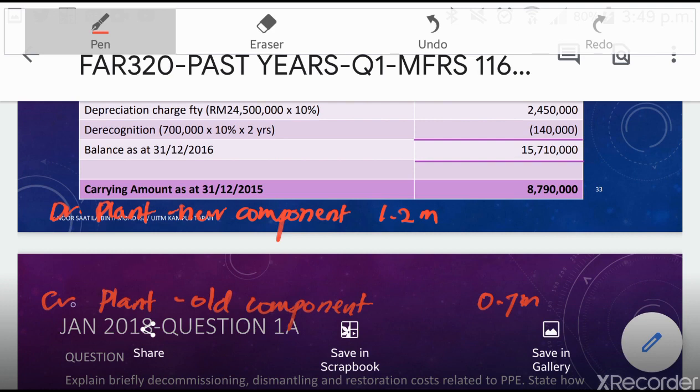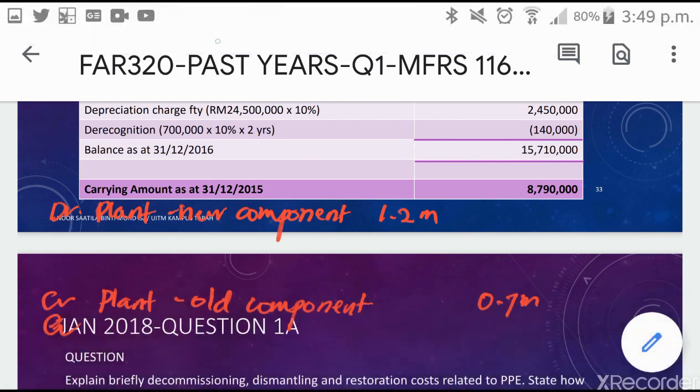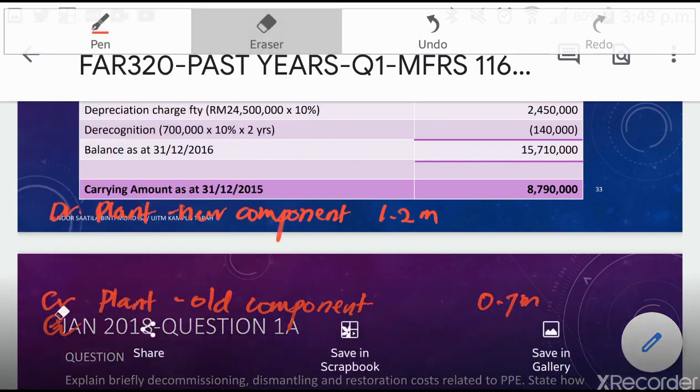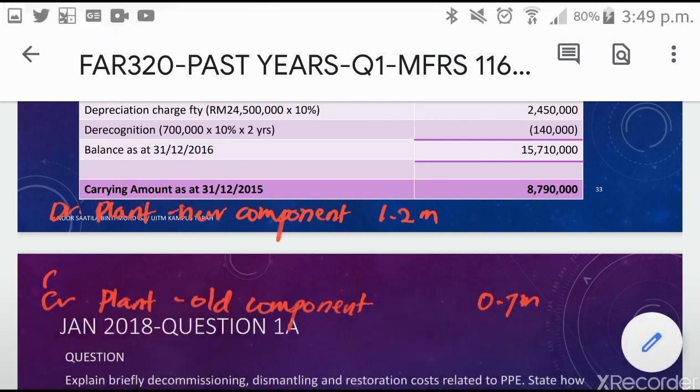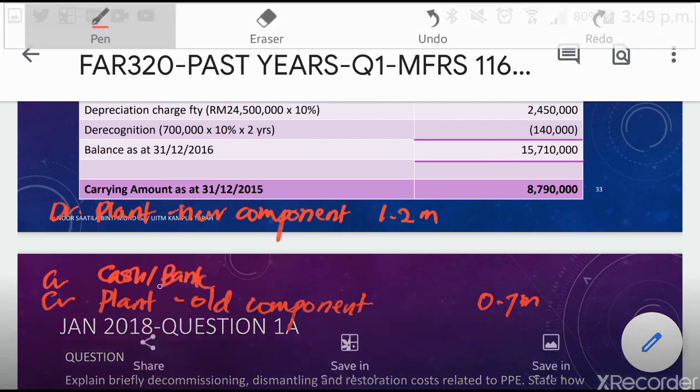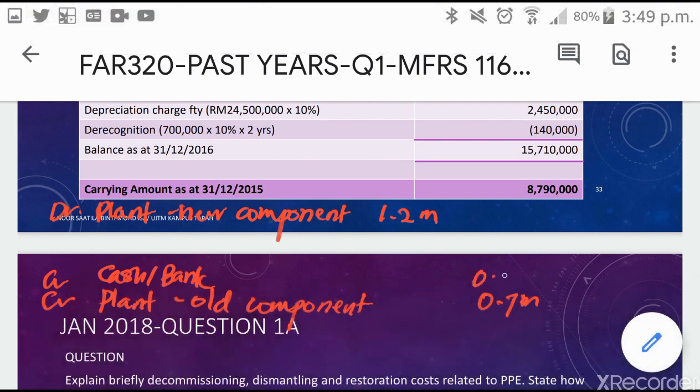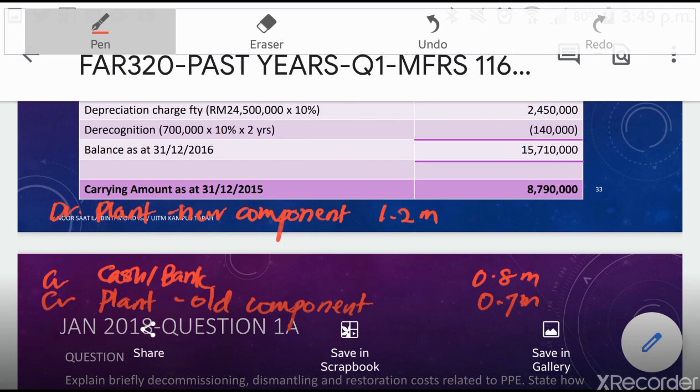And remember, when you purchase that particular new component, you also need to pay some cash that I mentioned much earlier. If you check back your working, you would see that the additional payment amounts to the cash payment of 800,000, so 0.8 million, that you need to give to the supplier.